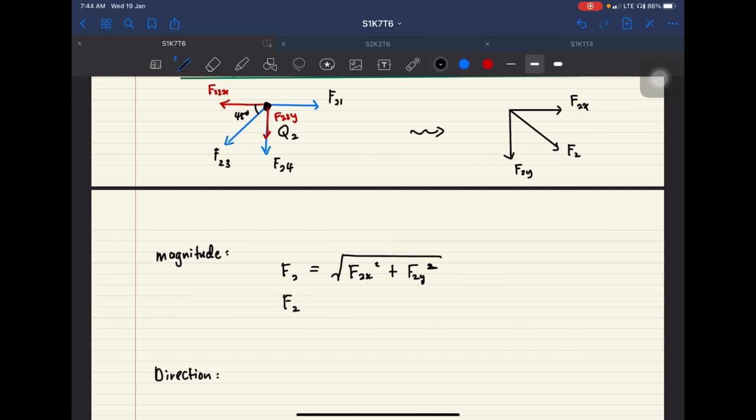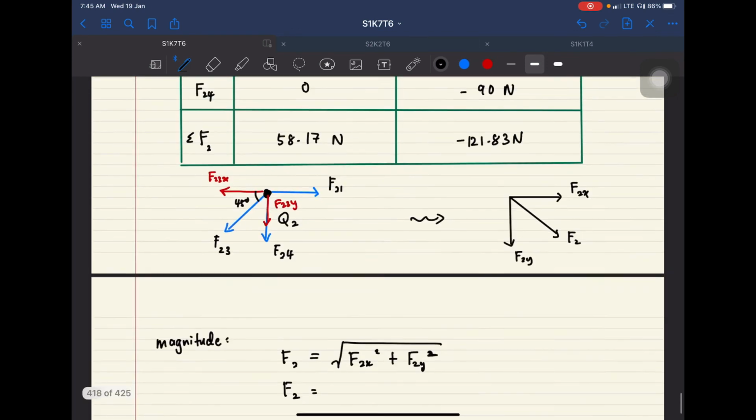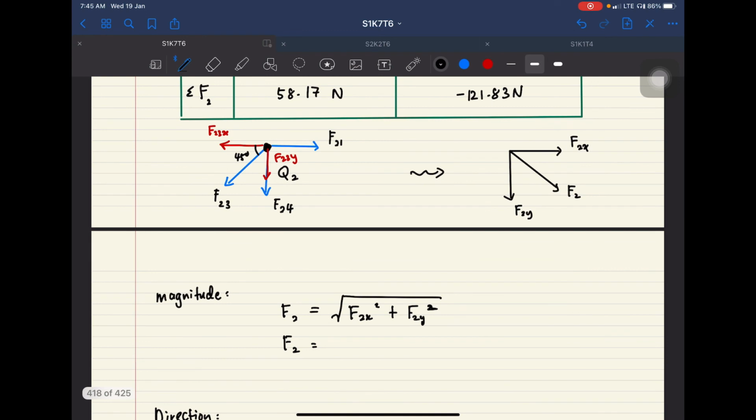So F2 is equal to 58.17. This one should be negative, but just ignore it because it will be positive, because you take the square. So here F2 is equal to 135.